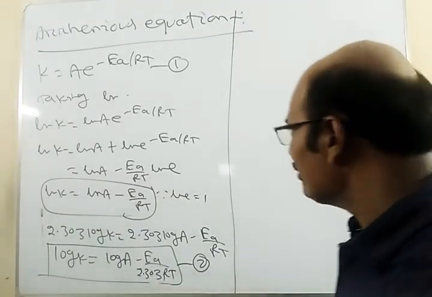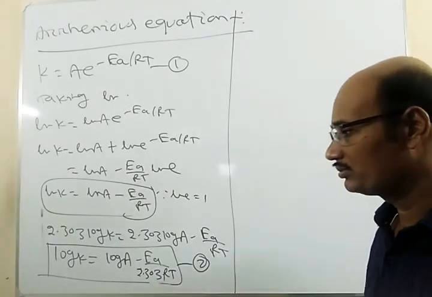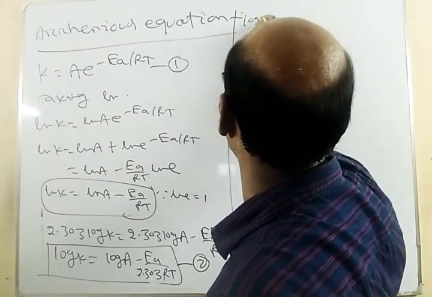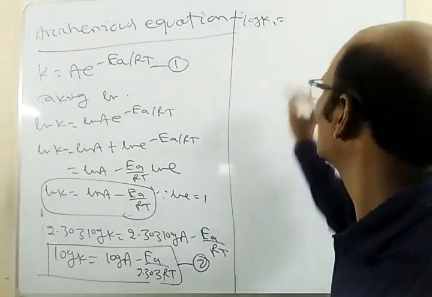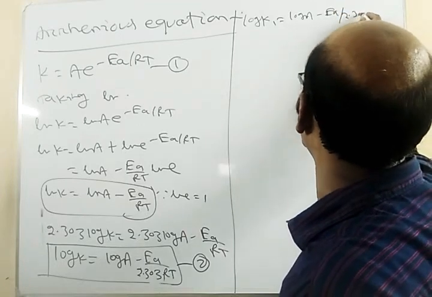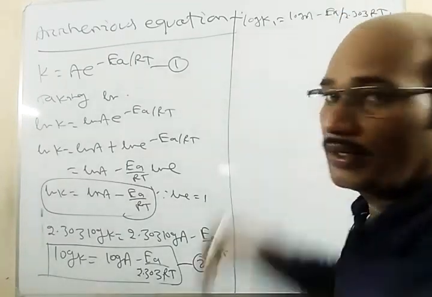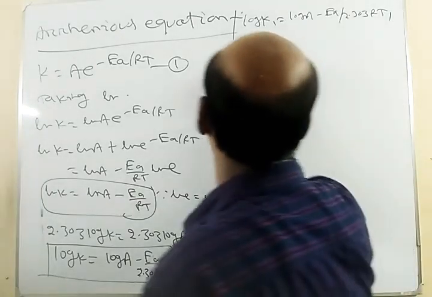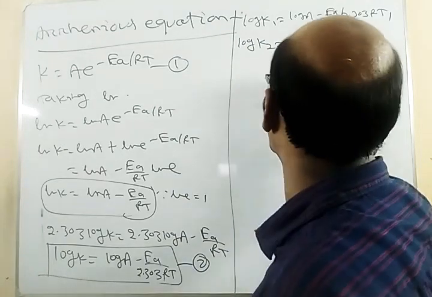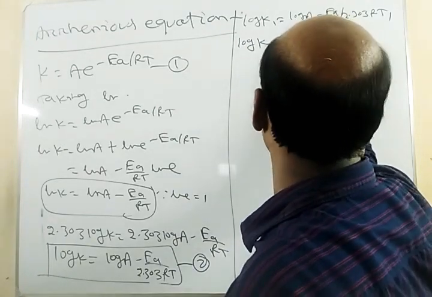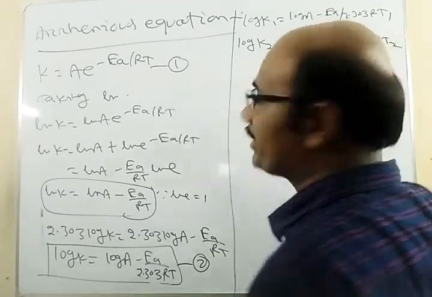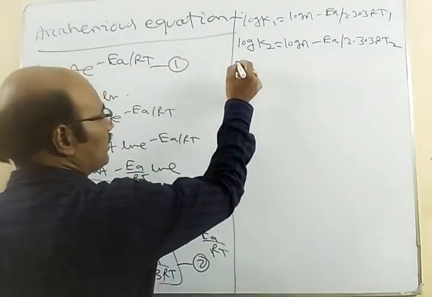Now, if I have two different temperatures with two different rate constants, I can write log k1 is equal to log A minus Ea by 2.303 RT1. Okay, log k2 is equal to log A minus Ea by 2.303 RT2.